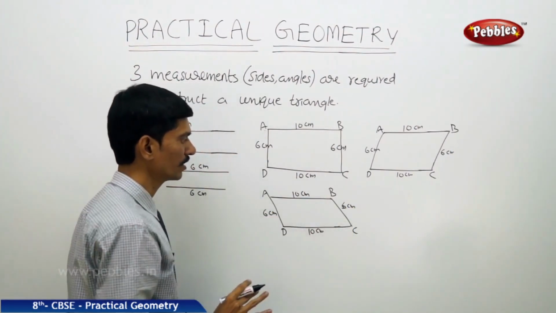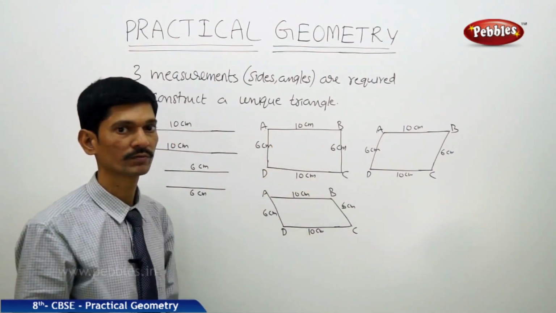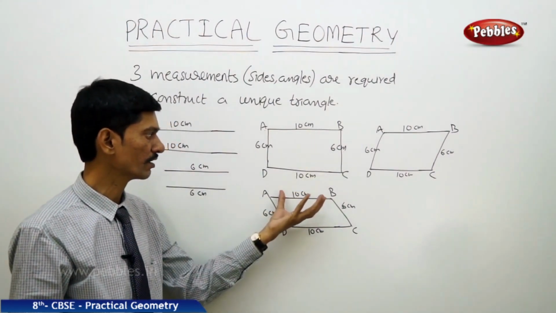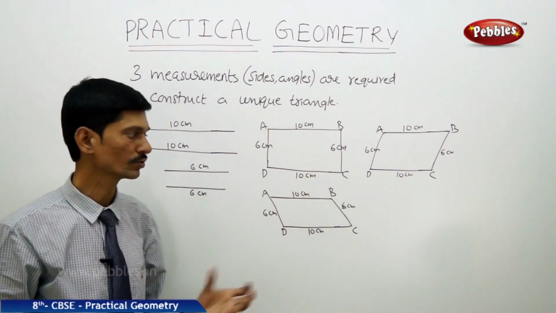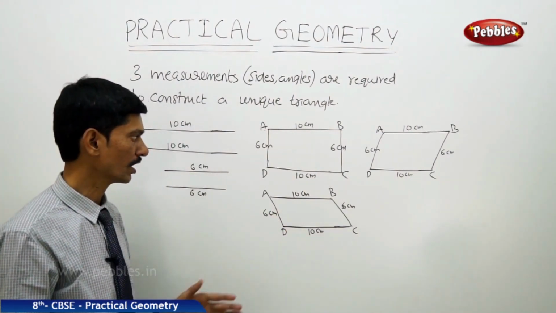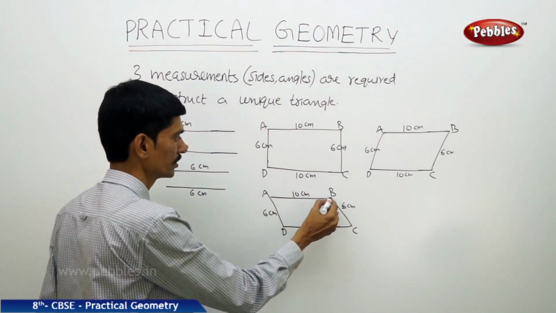So without changing the measurements of each side, a rectangle became a parallelogram. Here also we can understand that these 4 measurements of the sides are not sufficient to construct a unique quadrilateral. Now let us introduce another measurement, where a diagonal is given.